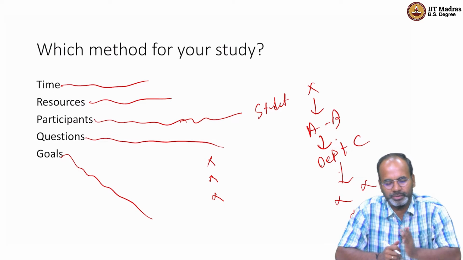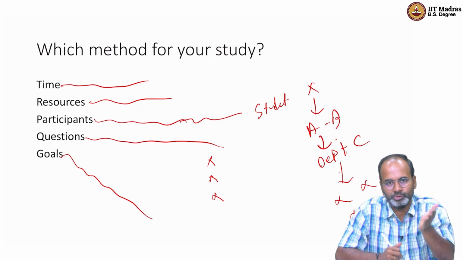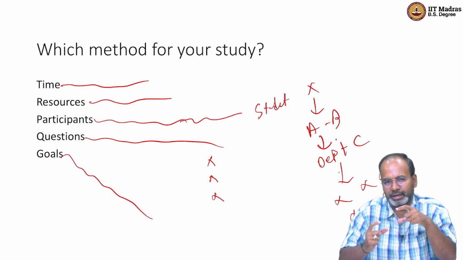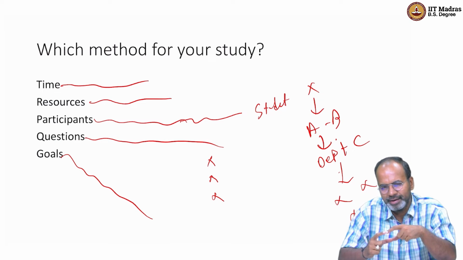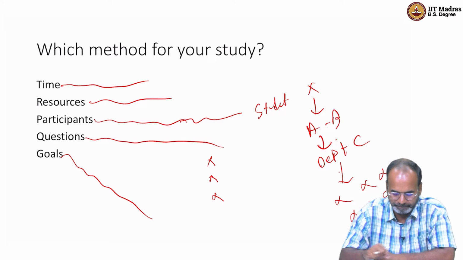Again, I'm repeating: for the interviews, the questions can be open-ended. For the survey, the questions have to be really, really close-ended, but also all these options have to be clearly stated.